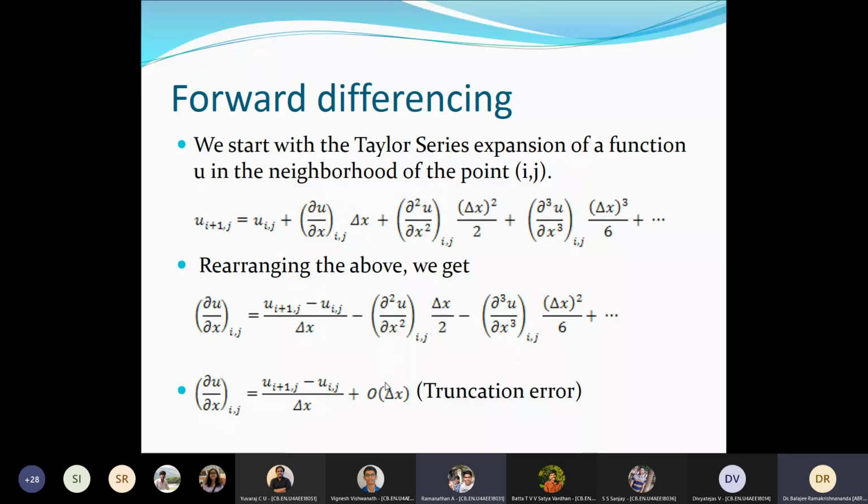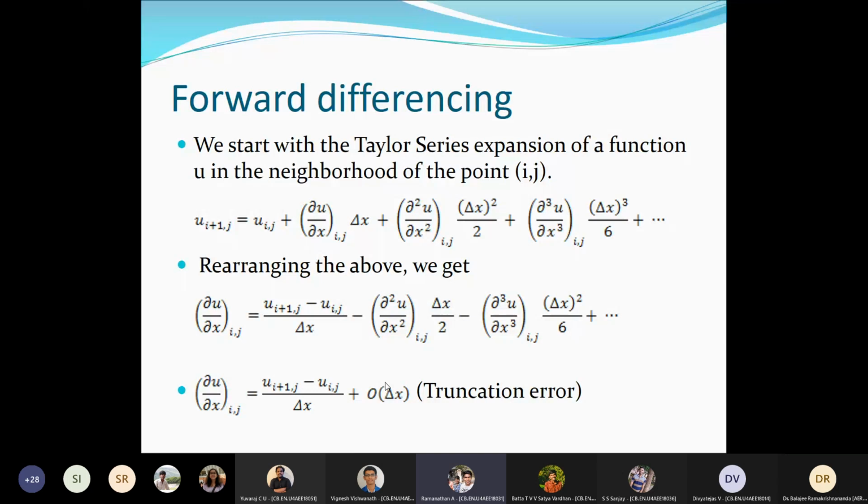See, what is order of magnitude? Even 10 times delta x, you can say it's the same order of magnitude. But 100 times delta x cannot be told so in some problems. For some problems, 5 or 6 times delta x is the same order. But 10 times, 15 times, it's probably higher order.